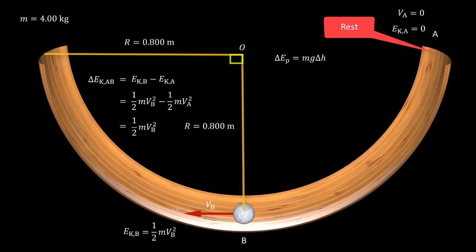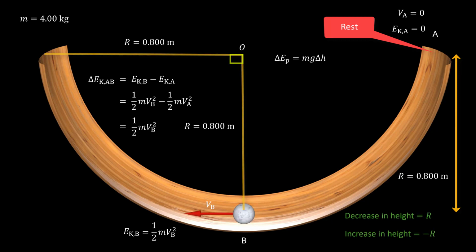When moving from point A to point B, the ball falls by a vertical height equal to capital R, which is simply the radius of the track. Now remember this: a decrease in vertical height of R is equal to an increase in vertical height of minus R. Therefore, we can write delta H equals to minus R.